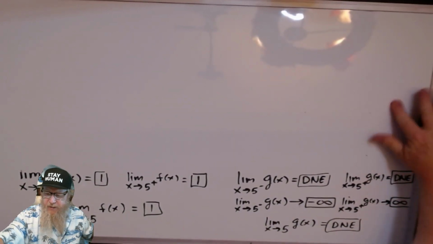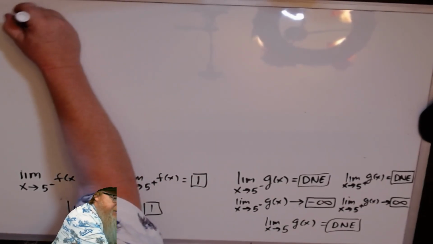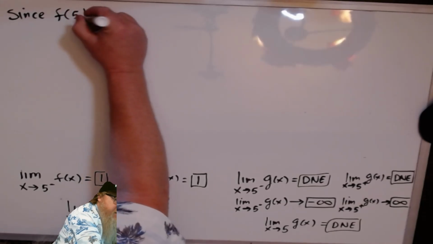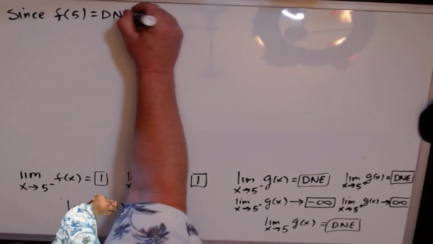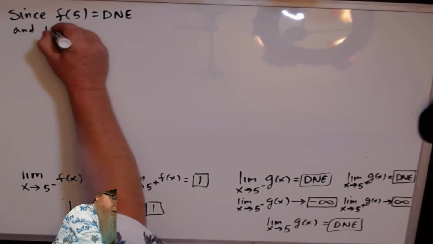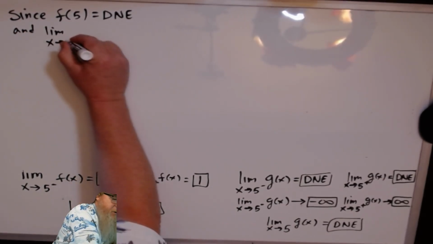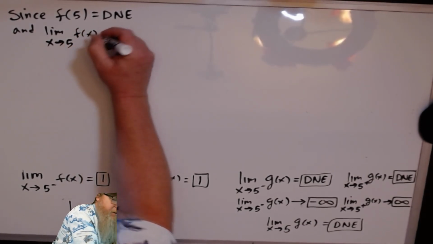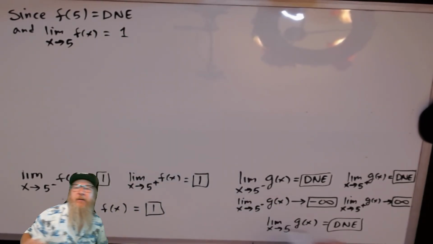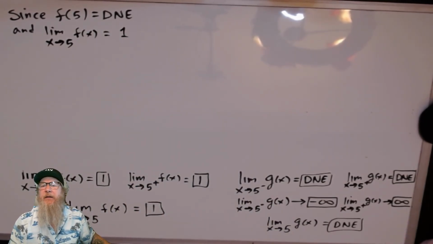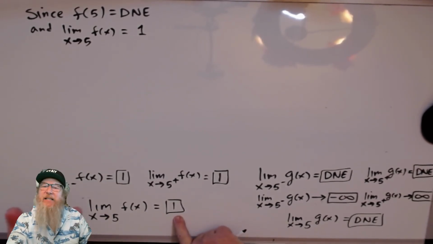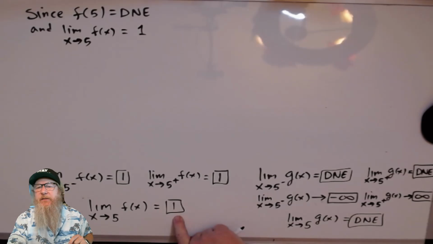All right, and then I'm going to talk a little bit about what this means. Since f of 5 is DNE, and the limit as x approaches 5 exists and is equal to 1. Once I give you a number, I usually just say it exists, but I don't bother writing the word exists, right?